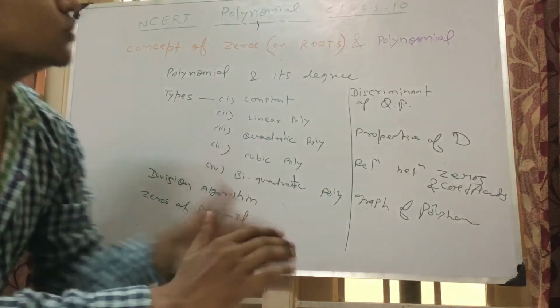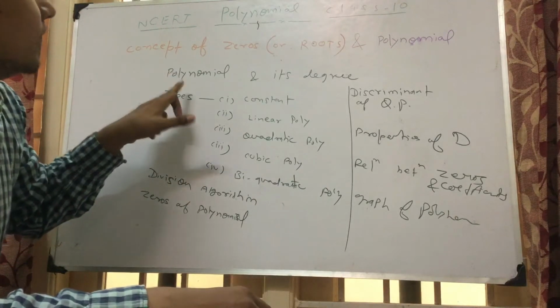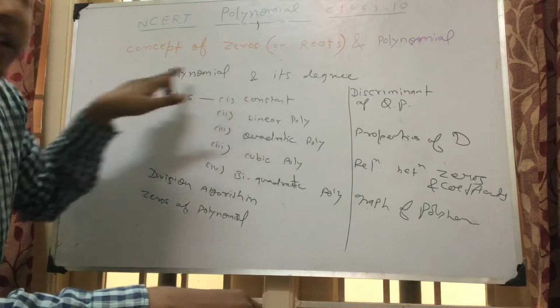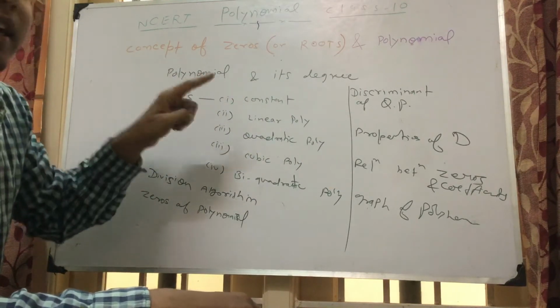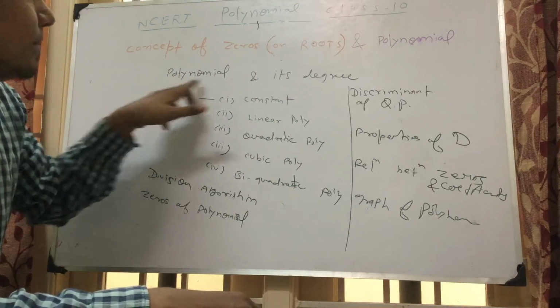Okay, I'll explain. First I'll cover what we will discuss in the chapter. First thing, we have to know polynomial and its degree. What is polynomial and how to decide its degree we'll cover here, and then types of polynomial.